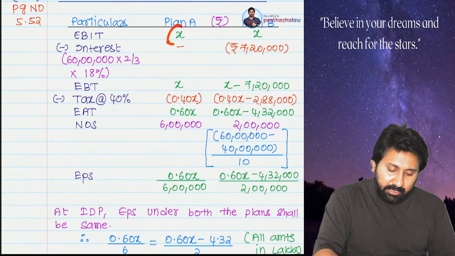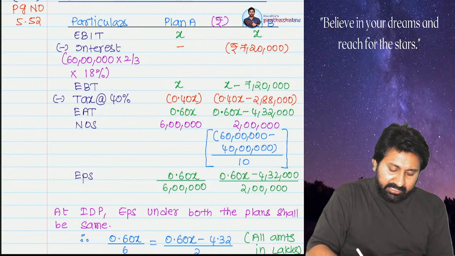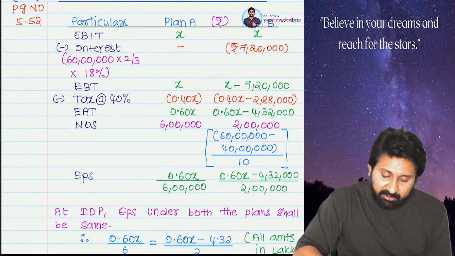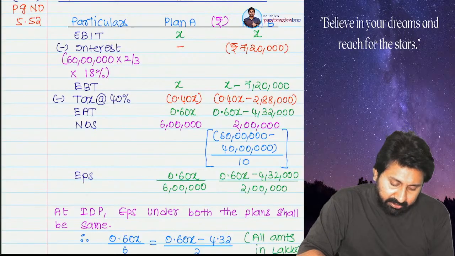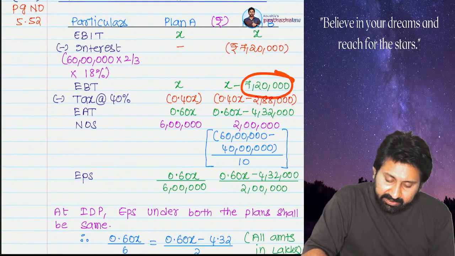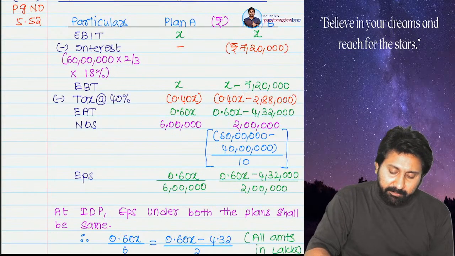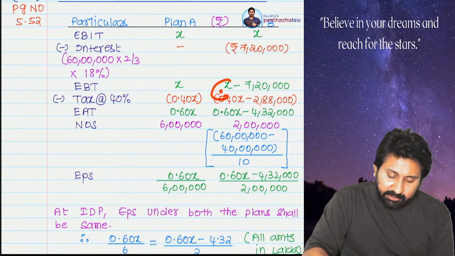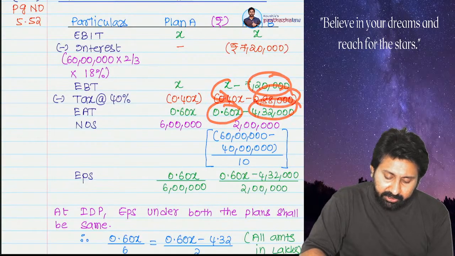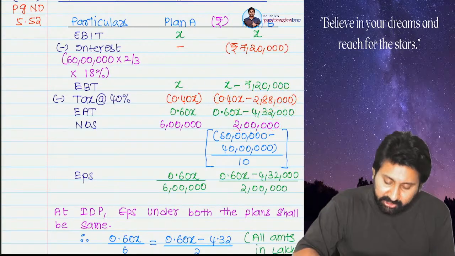EBIT will be X. So X minus 7,20,000. Tax 40% of X is 0.4X, and 40% of 7,20,000 is 2,88,000. So X minus 0.4X is 0.6X, and 7,20,000 minus 2,88,000 is 4,32,000. That too only for 2 lakh shares.